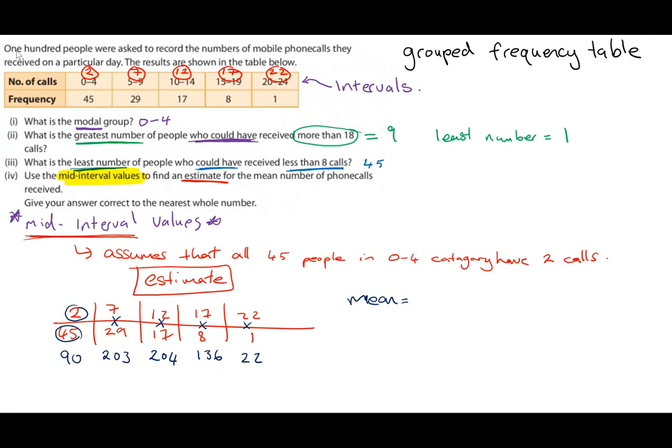Remember the mean is the sum, so I'm going to add all of these up: 90 plus 203 plus 204 plus 136 plus 22. I'm dividing that by the amount. Now the amount is the total frequency. In this case I'm not given it, so I'm going to go to the frequency up here.